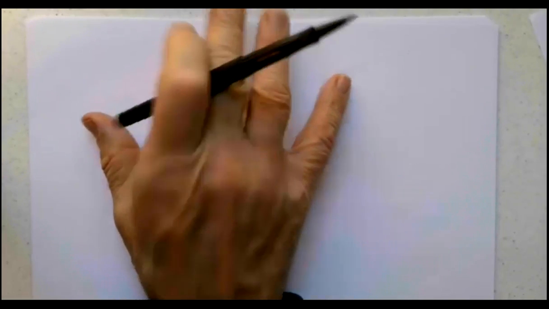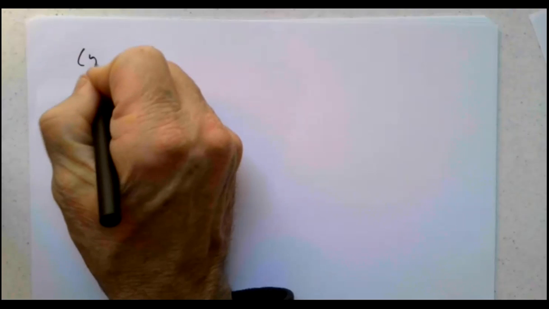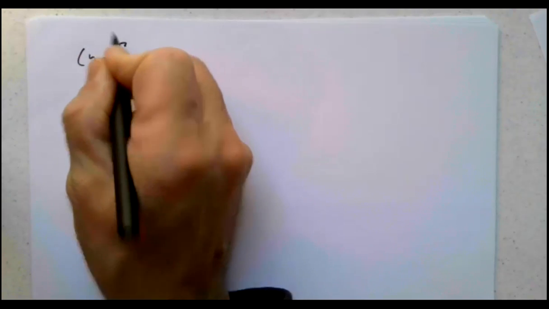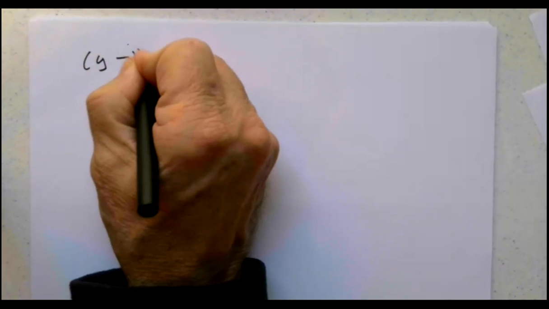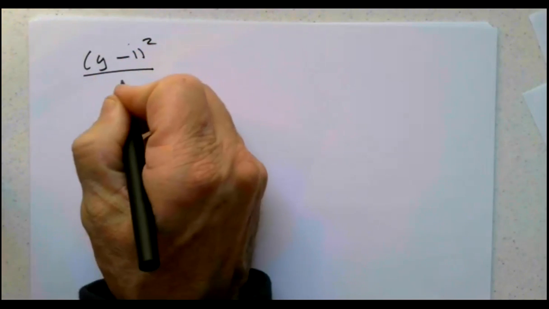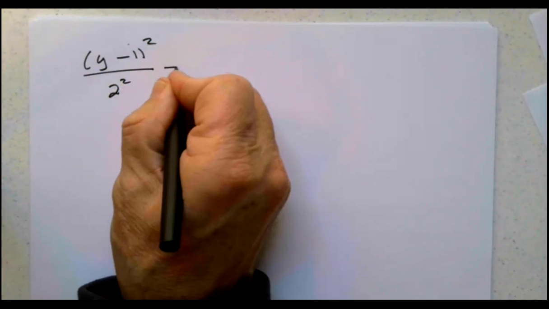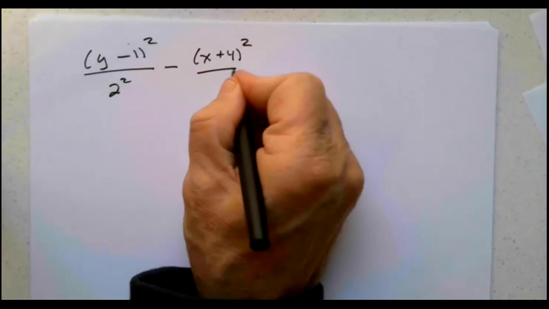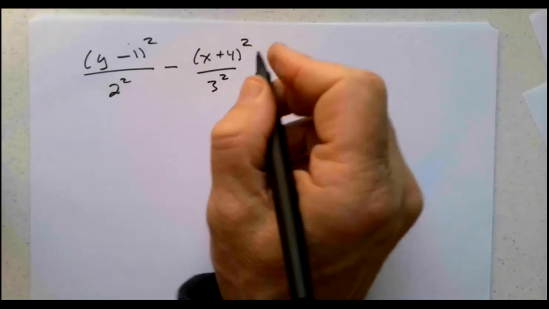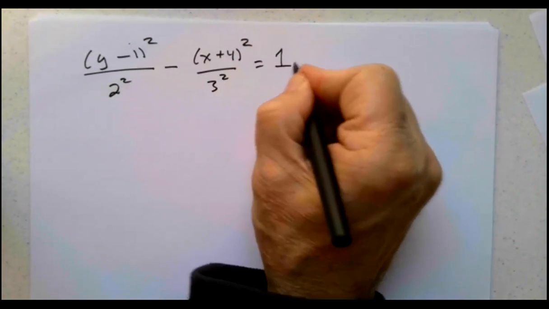So let's copy it down again on the next page. We have y minus 1 squared over 2 squared minus x plus 4 squared over 3 squared equals 1.